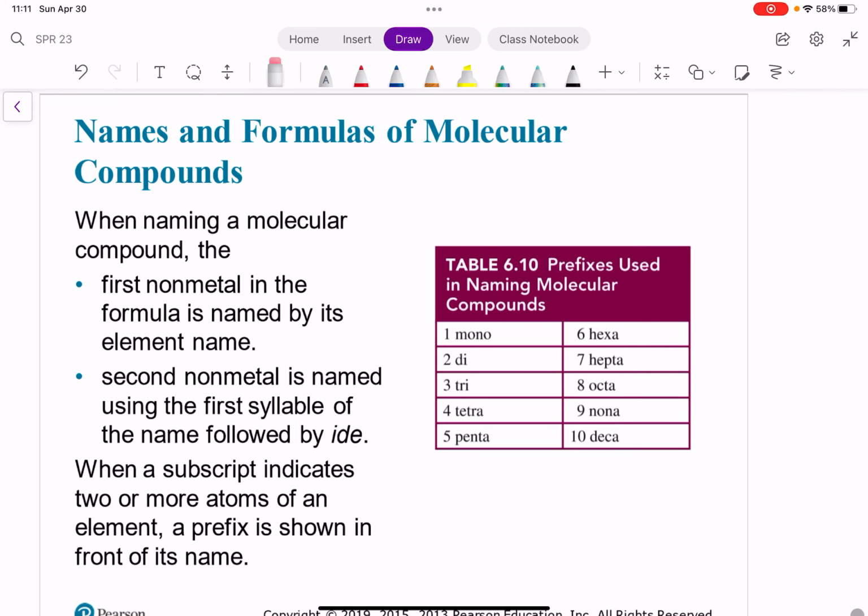Okay, so when we name molecular compounds, just like when we name ionic compounds, we have specific conventions that we use to name these compounds. So for molecules, remember, molecules are made of nonmetals, right? Nonmetals bonding with nonmetals. So the first nonmetal in the formula is named just by its element name. So just like carbon dioxide, we just list the first nonmetal, carbon, as just carbon.